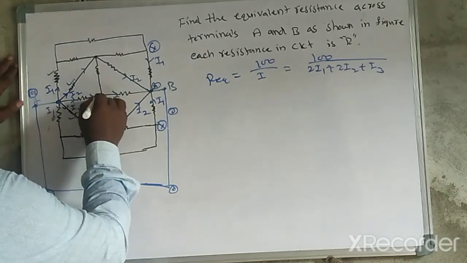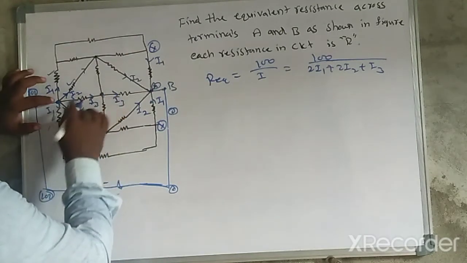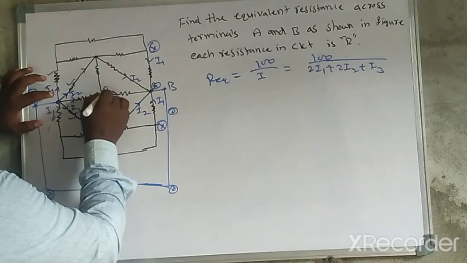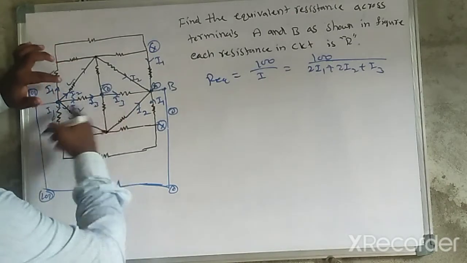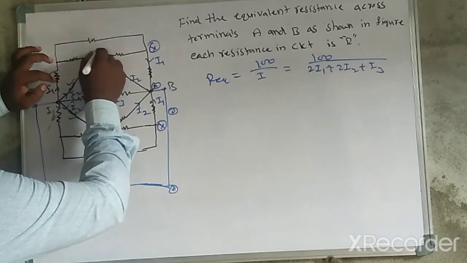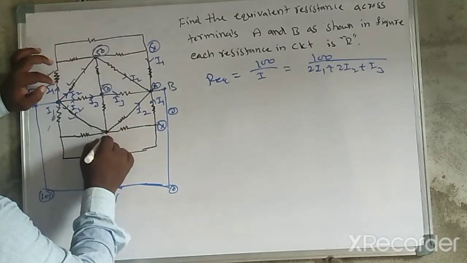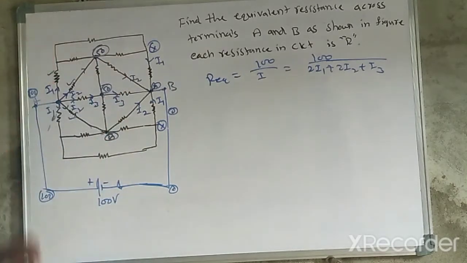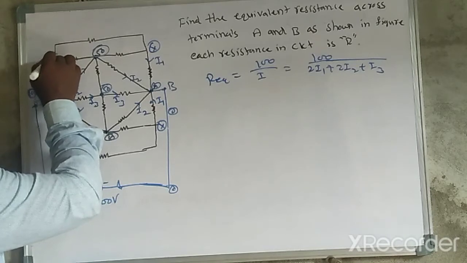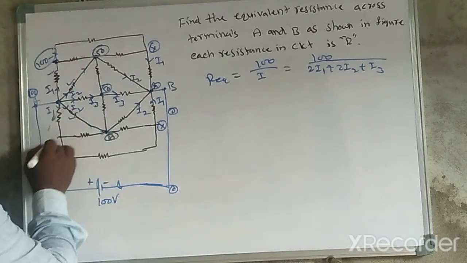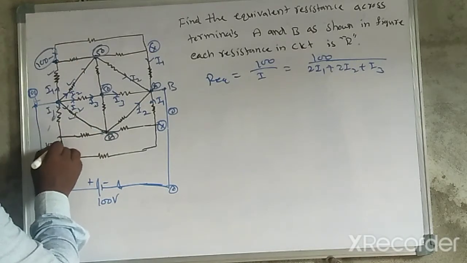This middle point is at half the potential, 50 volts, and by the same property this point is also 50. Now if this is 50, this point is 100 minus x.